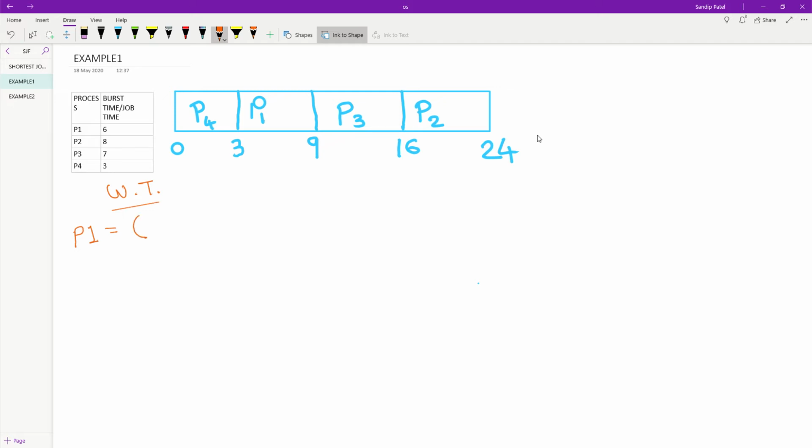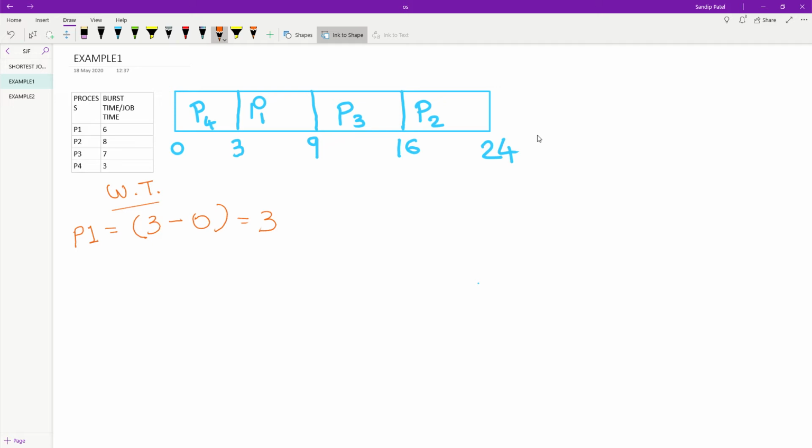The first response generated for process P1 is at 3 milliseconds, and it arrives in the ready queue at 0 milliseconds. So there is a waiting time. What is the waiting time? It is how much time the process sits idle in the ready queue.